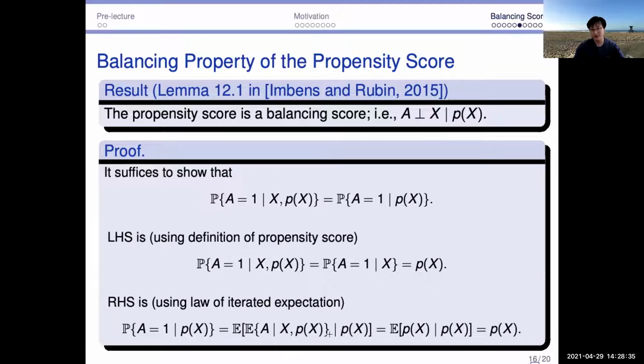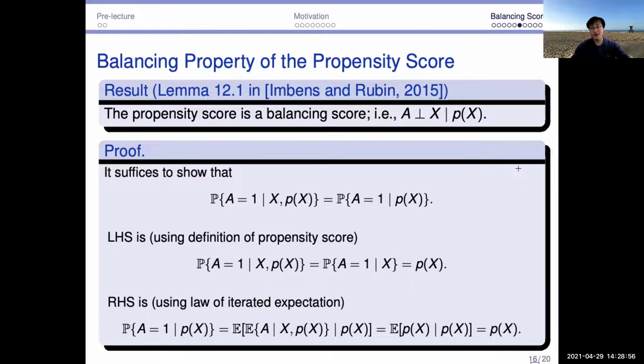Therefore we have the expected propensity score conditional on the propensity score, which of course equals the propensity score itself. So the left-hand side and right-hand side both equal the propensity score. And therefore we have the result that A is independent of X given P of X.